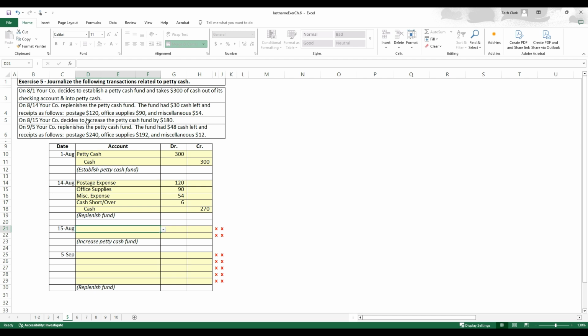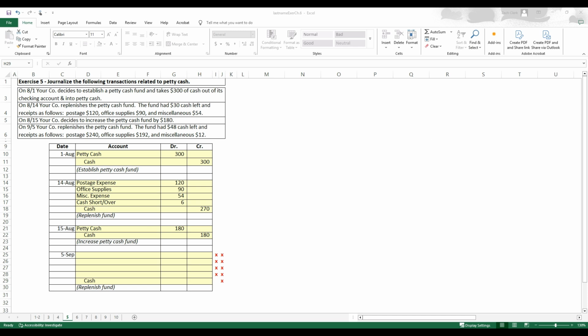So that's relatively small, not a big deal. But okay, on 8/15, we decided to increase the petty cash fund by $180. So we're going to bump up the petty cash by 180. So now we have 480 that should be in petty cash, at any given point, essentially. And then we're going to replenish the petty cash fund. So we are going to, again, reduce cash.